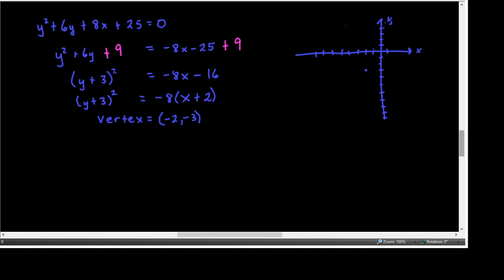There's the vertex. I'll set 4p equal to -8 and solve for p.